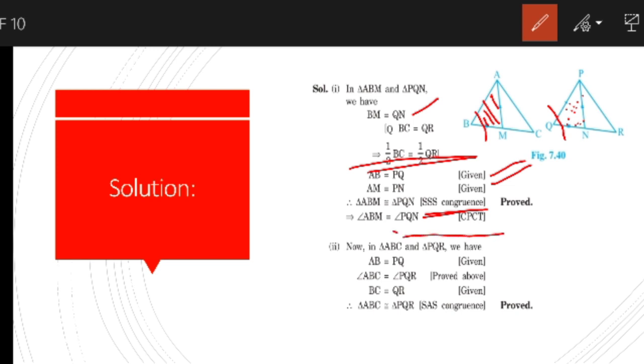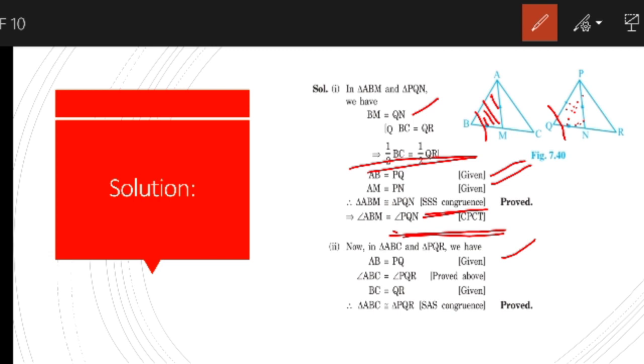Now for the second part, we have to show triangle ABC and triangle PQR are congruent. So first one, AB is equal to PQ, is already given.